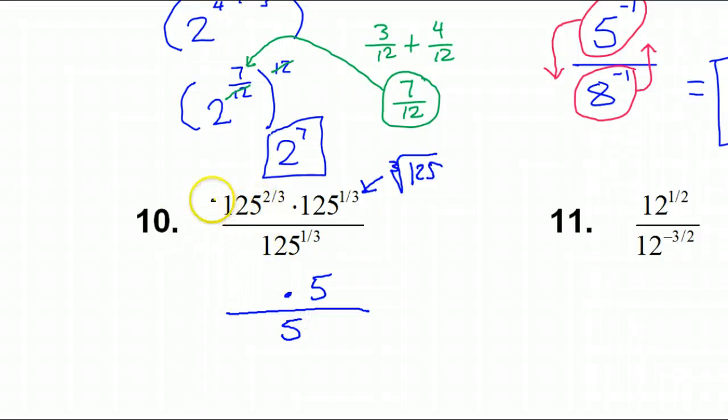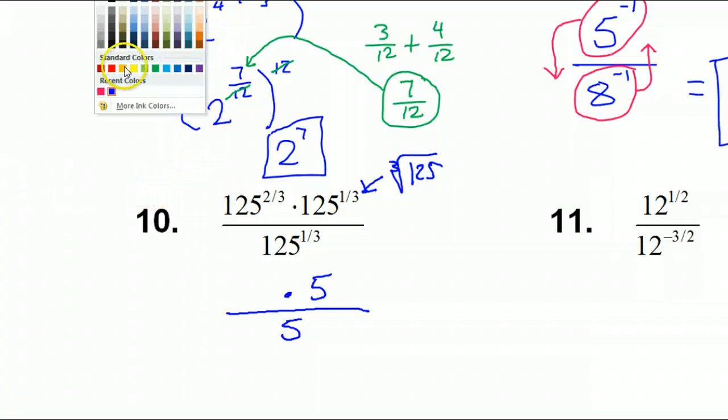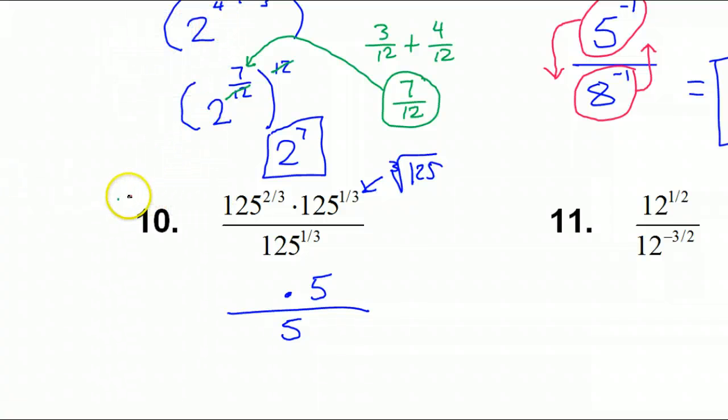Now, remember how we learned to write this as a radical? This is power over root. Looking at this guy, I feel like I should change colors for a second. This would be the same thing as the cube root of 125, all right? So the cube root of 125 raised to the 2nd power.